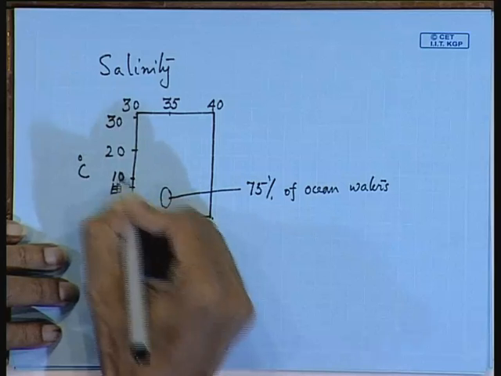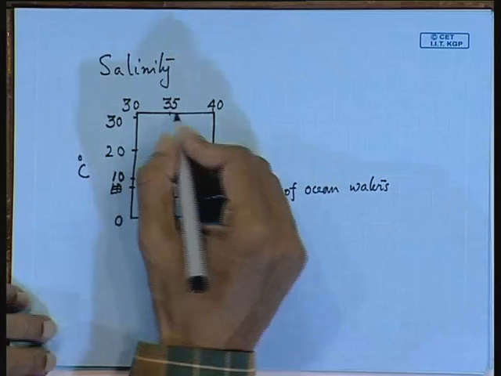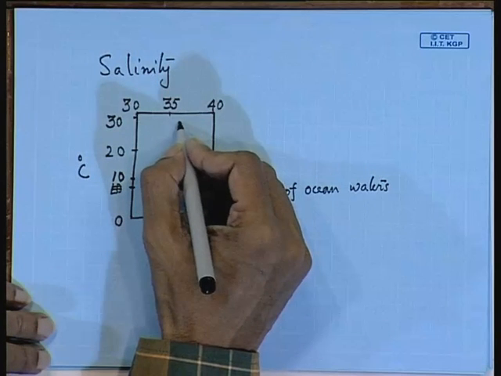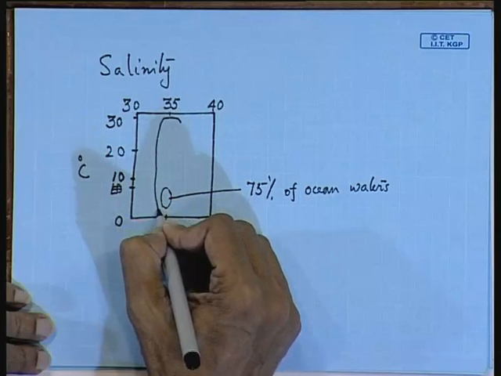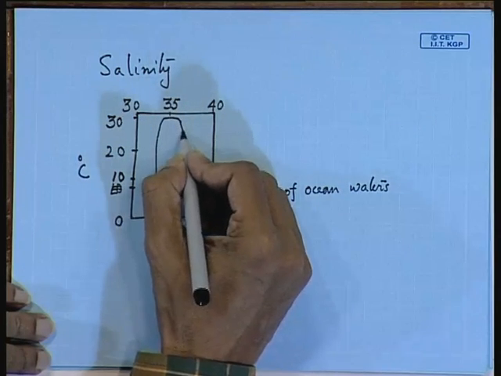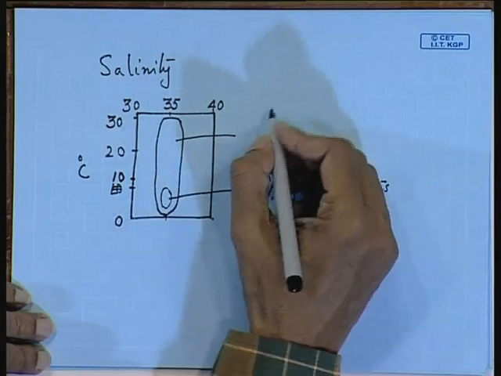Here you can write 10. And the maximum ocean waters will be having this kind of distribution. So, this is 99% of ocean waters.